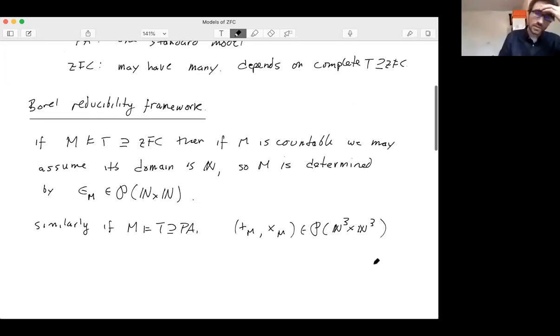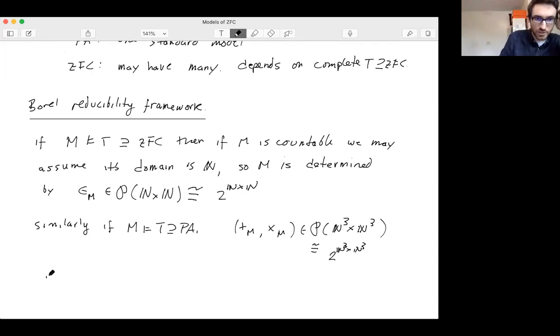So in each case, this relevant space carries a product topology. This is just the same as 2 to some countable power.